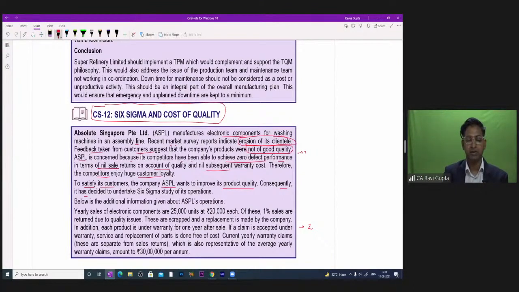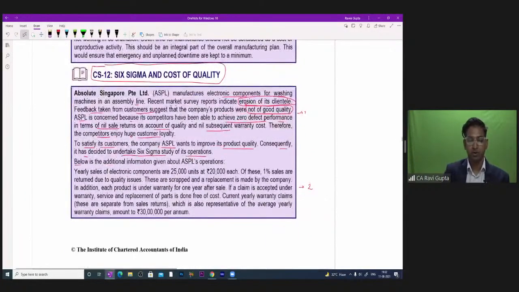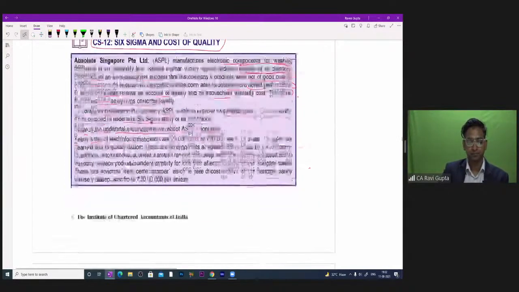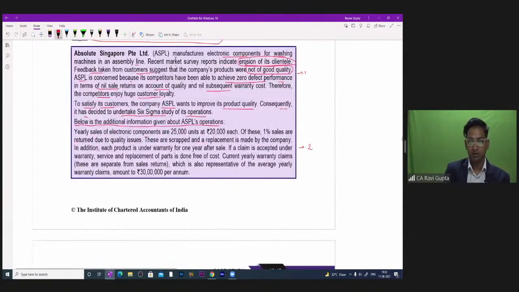Consequently, it has decided to undertake a Six Sigma study of its operation. Below is the additional information given about ASPL's operation. So let's see what those are.